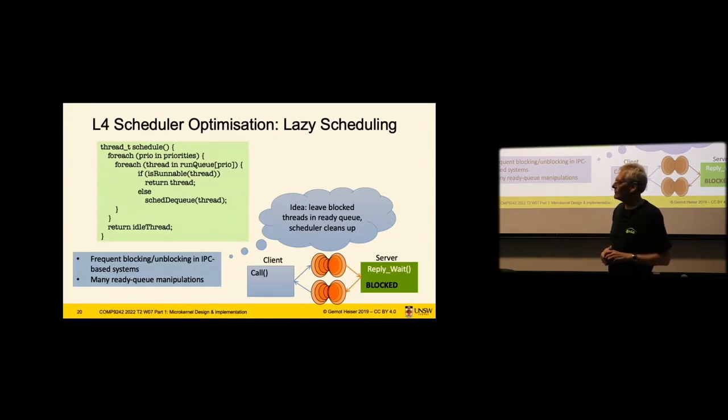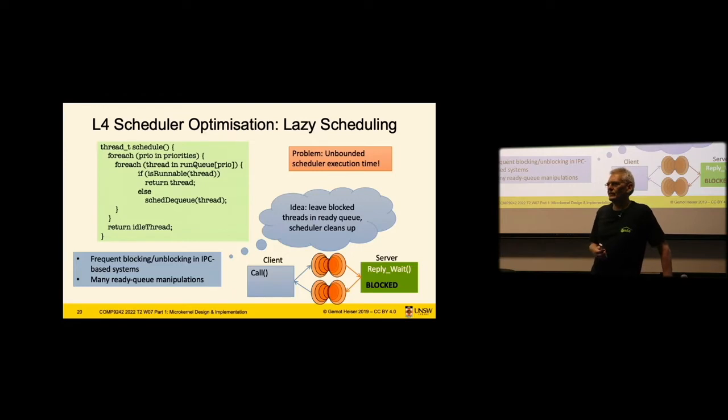You'd have a bound on the time before the scheduler cleans up. So somehow ensure that you don't get too many unrunnable threads in the queue. Yeah, okay, but say your time slice is a millisecond, that could still be a lot.